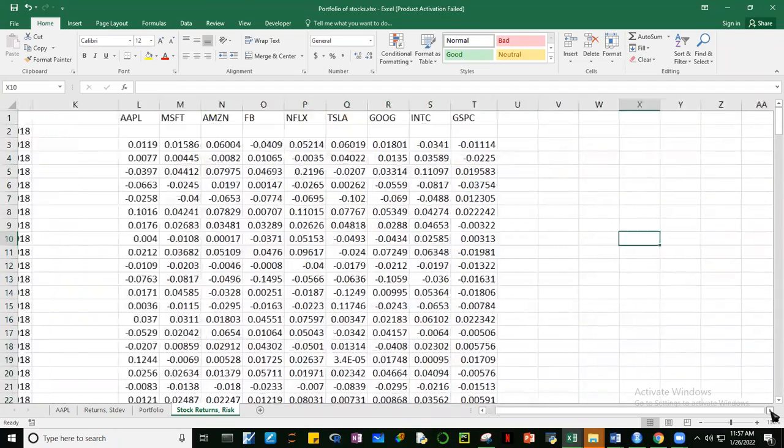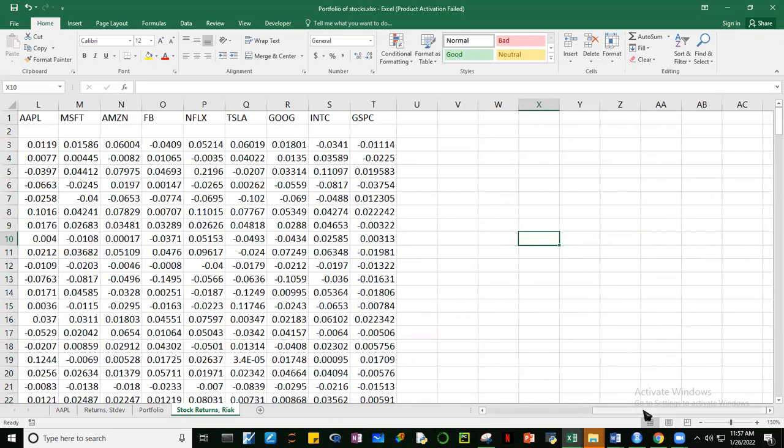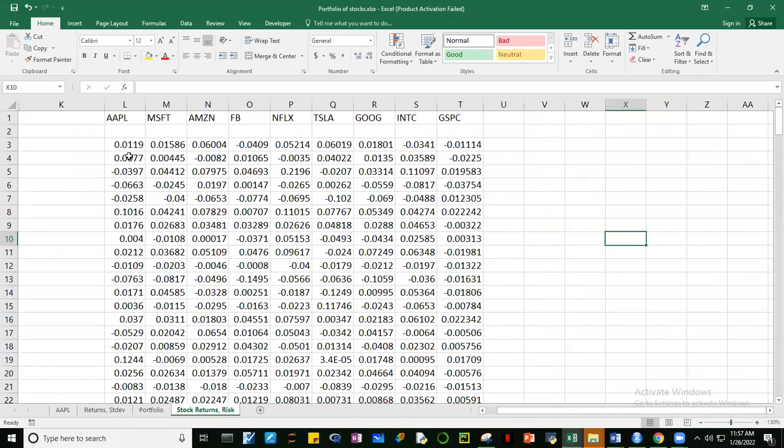All right. So for example, we're interested in knowing the beta of Apple. How do you compute for beta? We said we compare Apple relative to the market, so we compare Apple and the S&P.